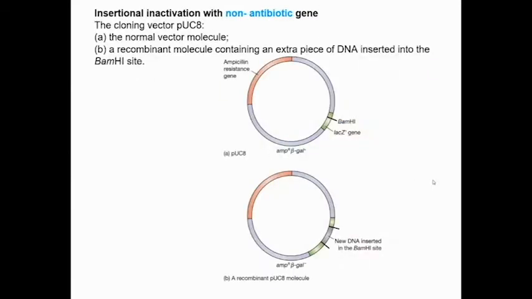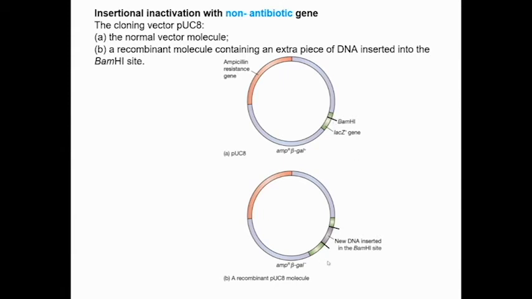The next example is the insertional inactivation of a non-antibiotic gene, in this case the lacZ gene. Here we have the pUC8 vector, which has the ampicillin resistance gene and also the lacZ gene. In this lacZ gene, we have the BamHI cloning site.